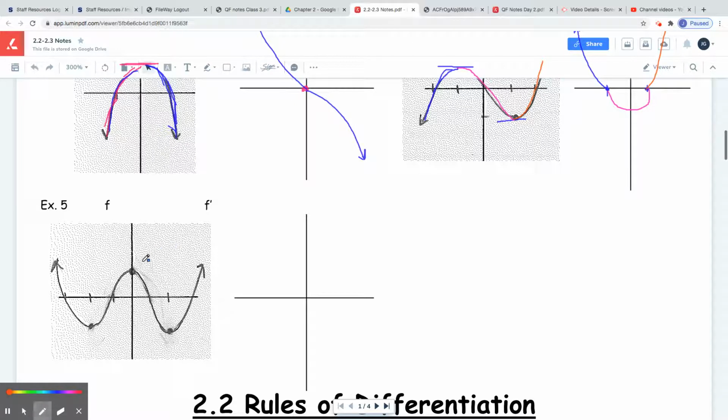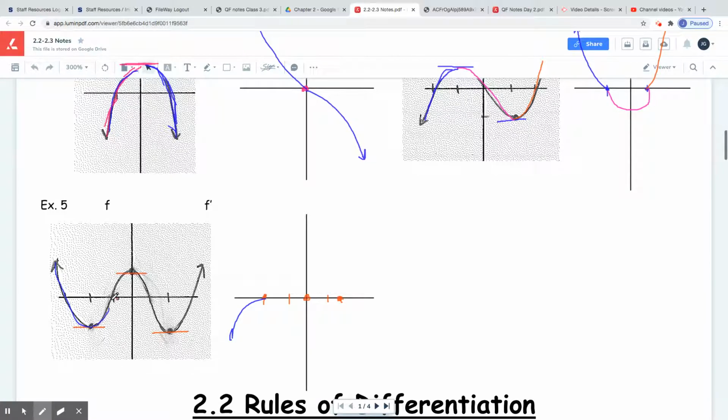What you should have seen is a horizontal tangent there, there, and there. Meaning that's -2, there's a point on the x-axis. 0, there's a point on the x-axis. +2, there's a point on the x-axis. Now you have to figure out, is the curve above or below? At -2, it's going down, which means that's down.